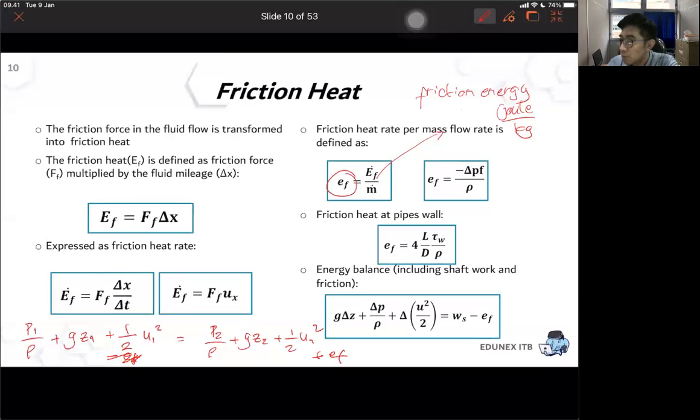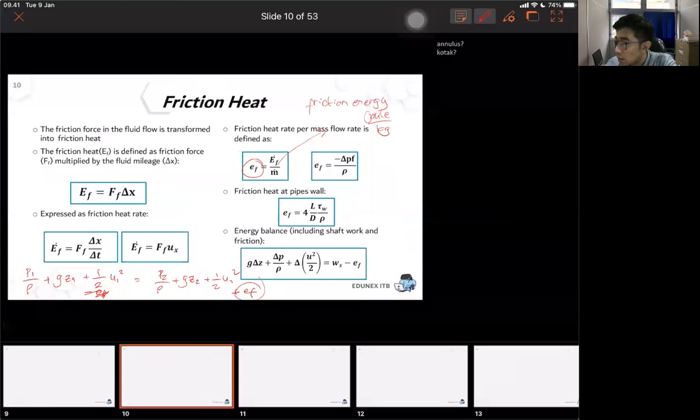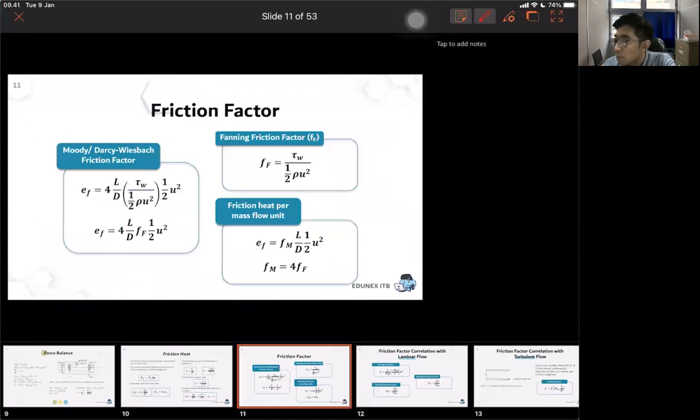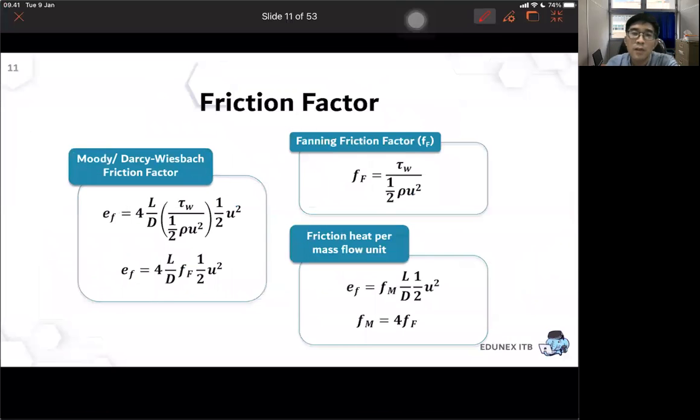Okay, then how to calculate EF? Basically, last time we already know we can calculate EF by calculating the friction factor or FF. There will be two types of value, right?